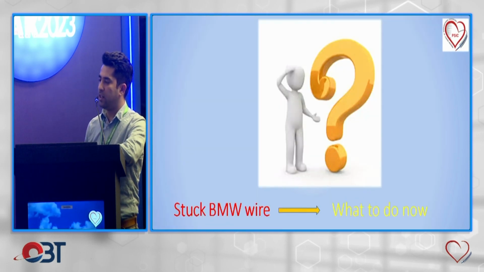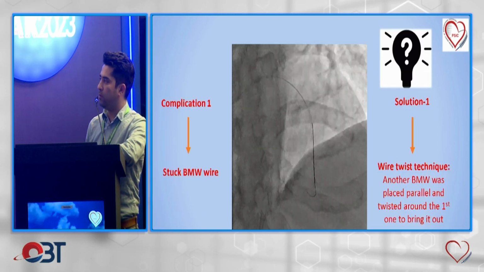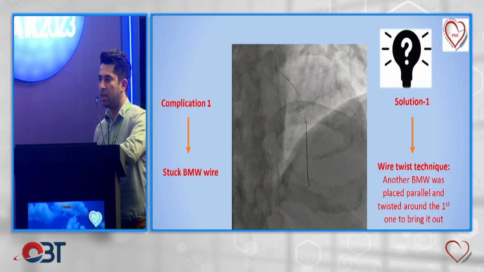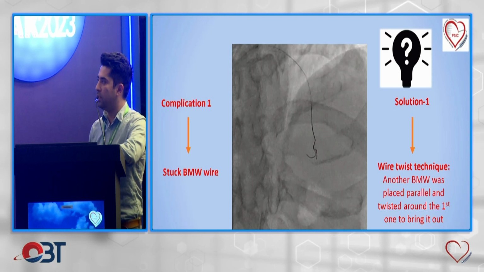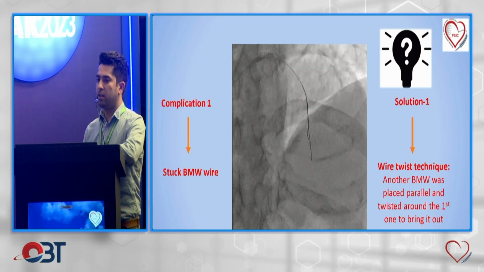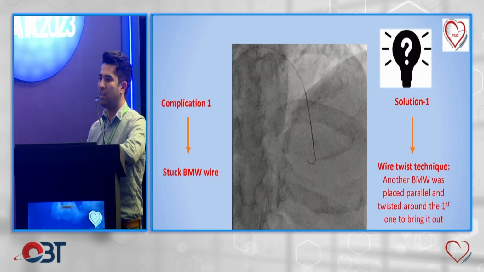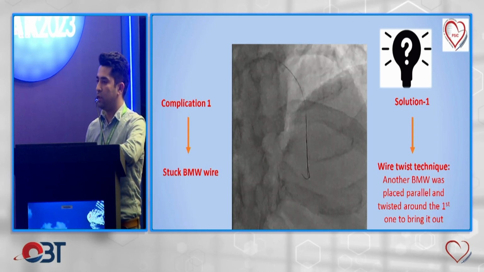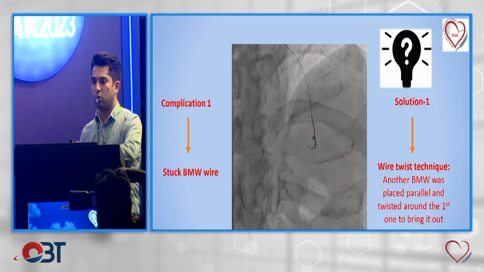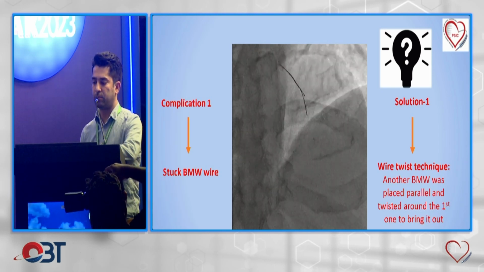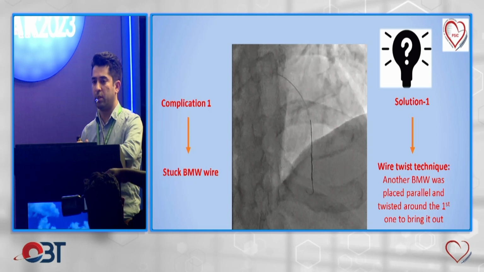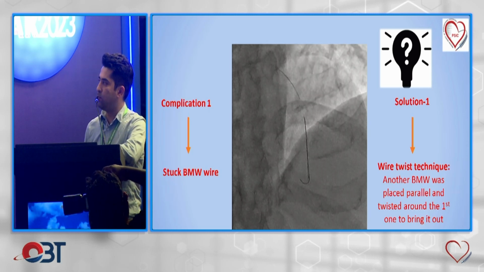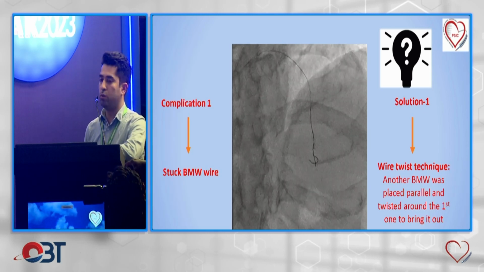The second thing that came to our mind was how to remove the wire. This was the beginning of the complications. We used a wire twist technique and took another BM wire, placed it parallel to the first wire, and twisted it around the first, and successfully removed the wire out of the septal branch.